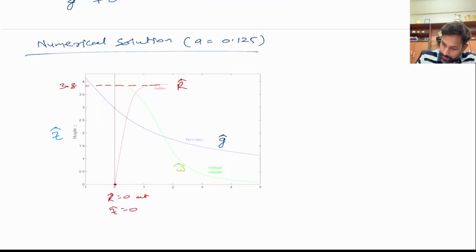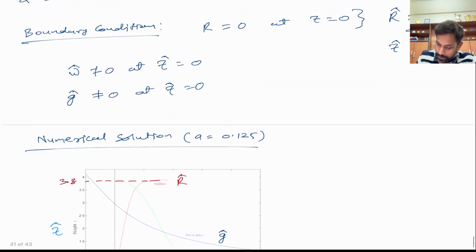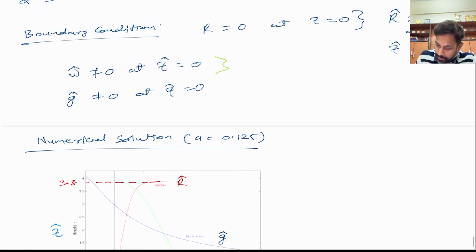So this is where you can say is the initial vertical velocity which is considered. Okay, so this basically at z equal to 0 is considered to be infinity. That is actually another boundary condition which we were avoiding. So w tends to infinity at z equal to 0, right?